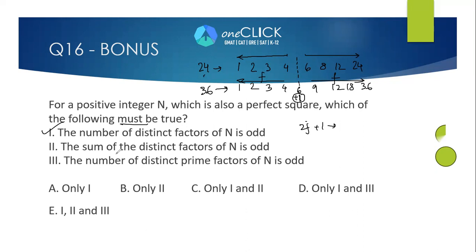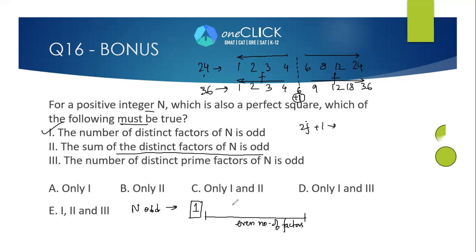Now if you look at the second one, the sum of the distinct factors, is it odd or not? If n, which is a perfect square, is odd, 1 will always be a factor, whatever the number. If you leave that out, there is going to be an even number of factors, because the total number of factors is 2f plus 1, and I'm leaving out one of them, which is 1.